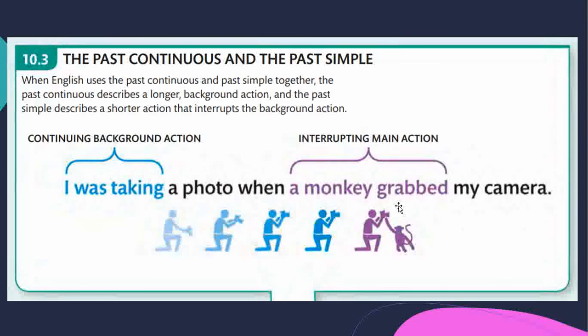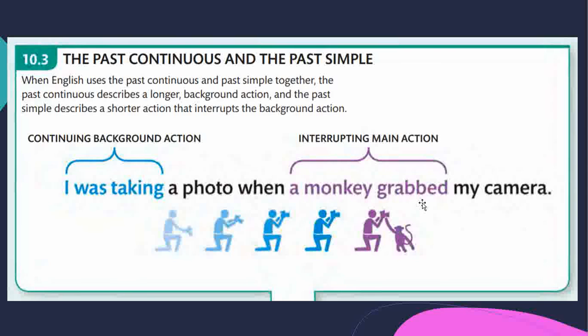A monkey grabbed my camera. This is the interrupting main action. So we have a background action. Background action is always in past continuous tense, and the interrupting action in the past is always in simple past tense. This is a very important pointer. Make a note of it.